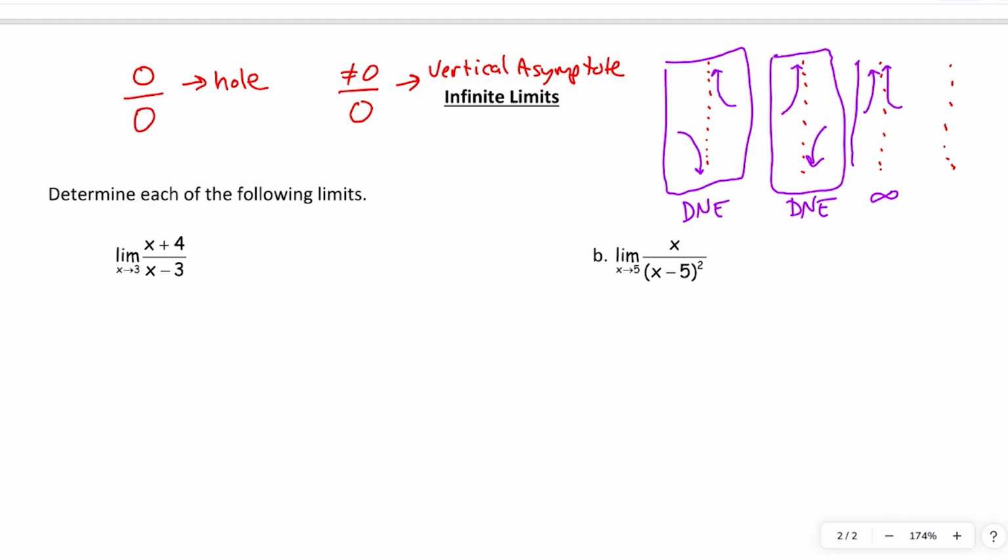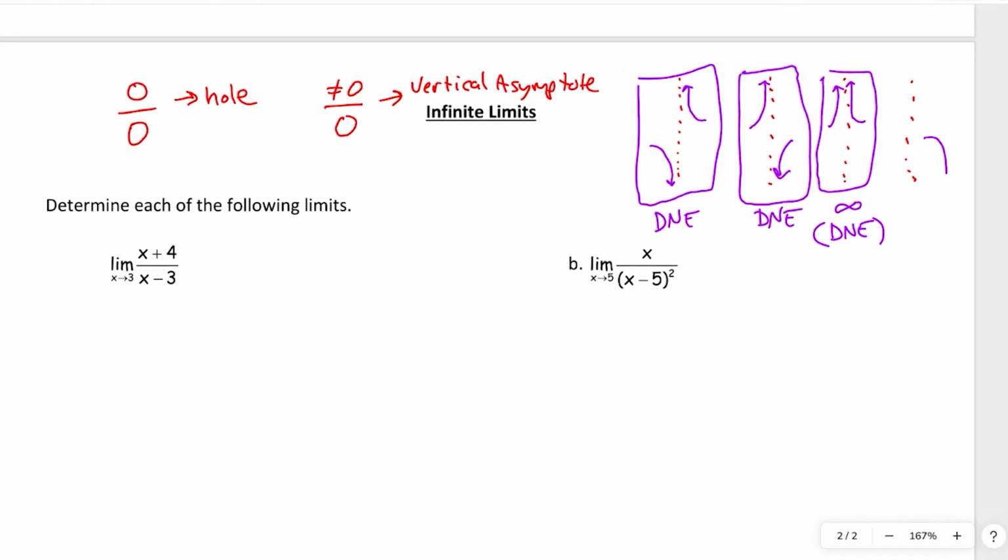Technically it doesn't exist, yes, that's true. But to be more specific, I want you to say it's going to infinity. And then you might imagine what the only other option here is, if it's going down on both sides. In this case, we would say negative infinity.